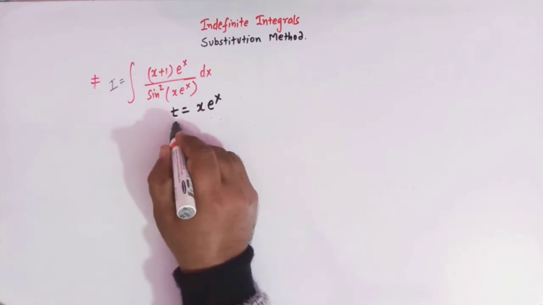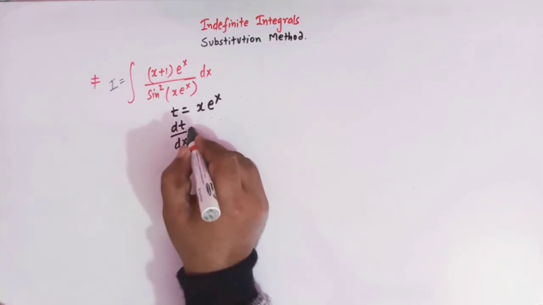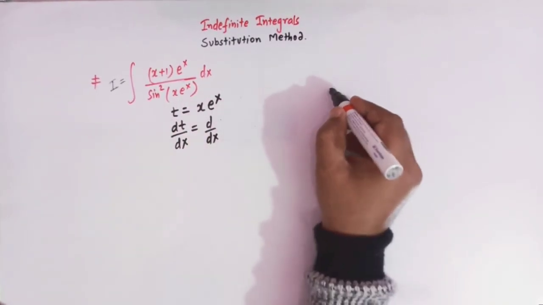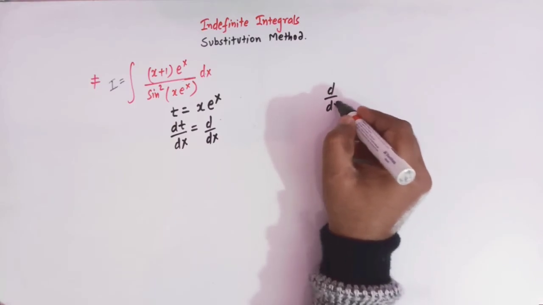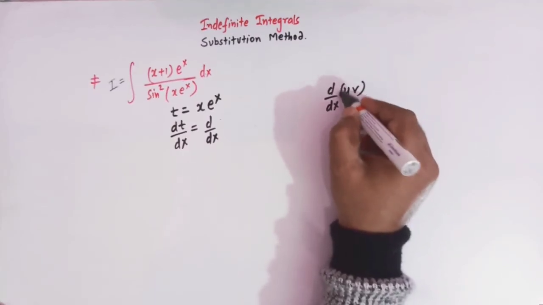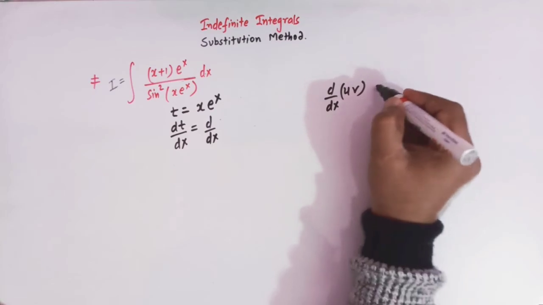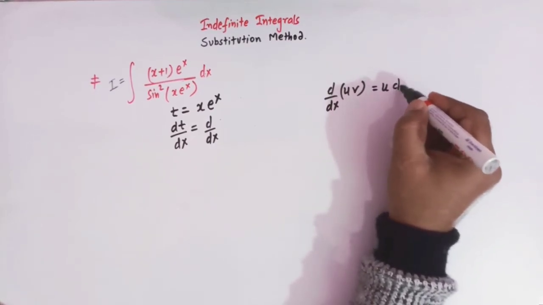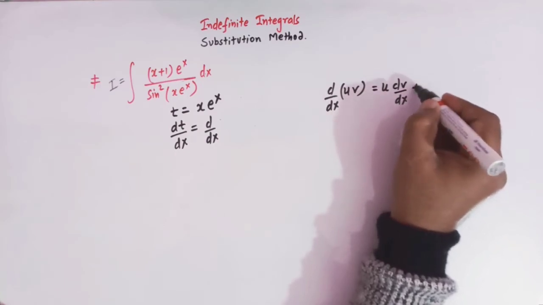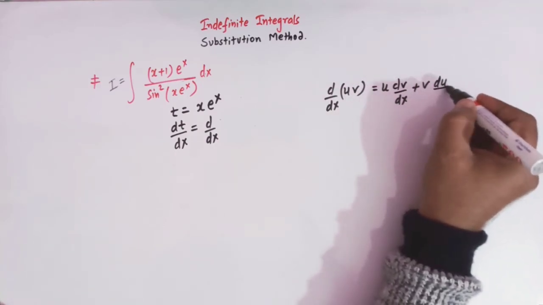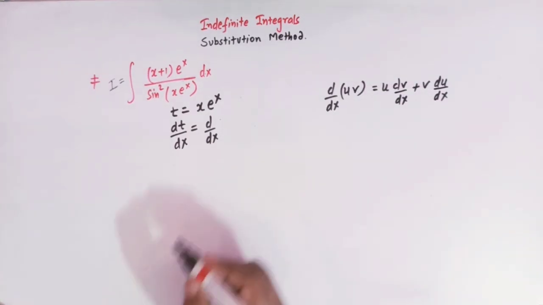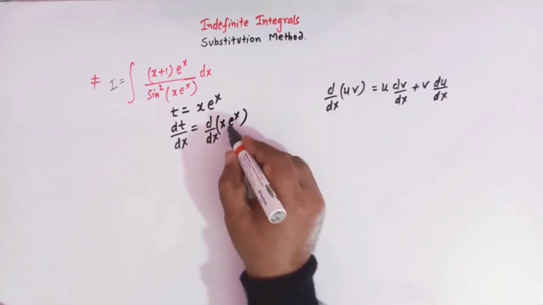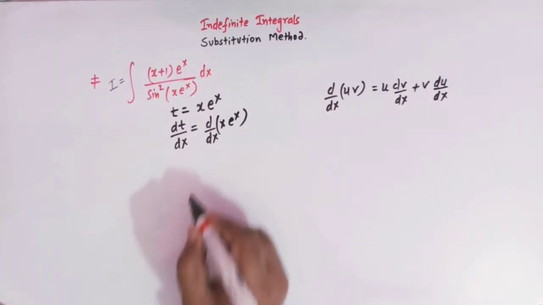So what we will do, we'll find dt over dx, and here we'll make use of the result for the derivative of the product of two functions, which is given by u times dv over dx plus v times du over dx, right? So here we can take x as u and v as e raised to x, right?